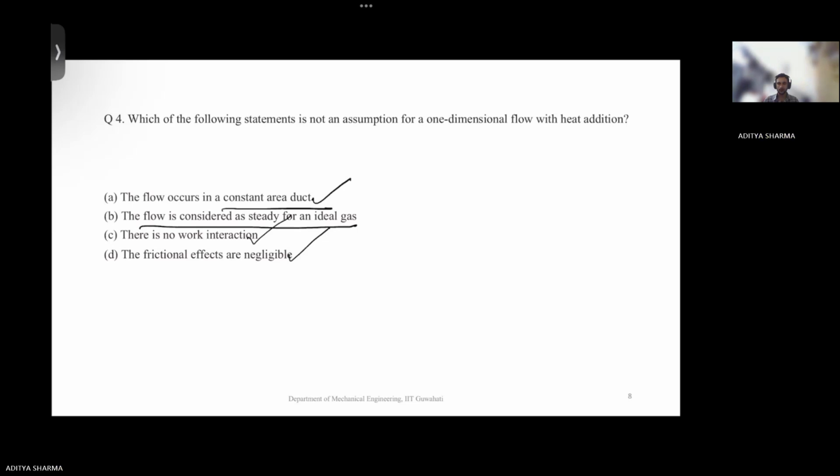For a calorically perfect gas, the specific heats are constants, independent of temperature, but in an ideal gas they can be dependent or independent. The assumption is for calorically perfect gas only. So B is the right answer to this question.